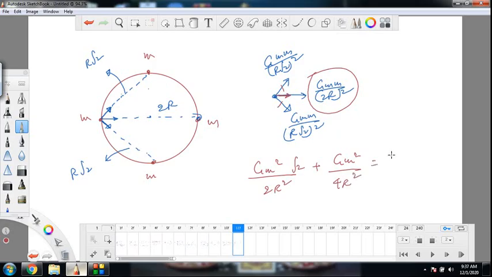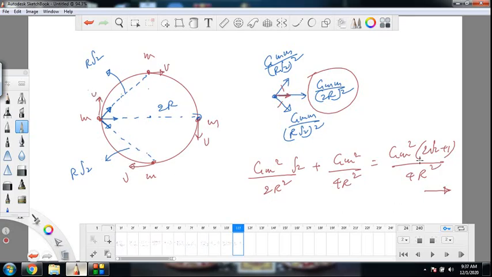So you can write G m square (2 root 2 plus 1) by 4r square is the net force towards center. This force is responsible for the circular motion of that leftmost particle.